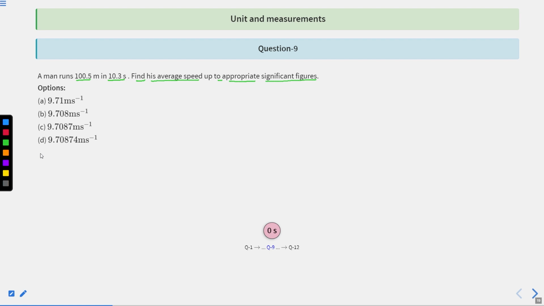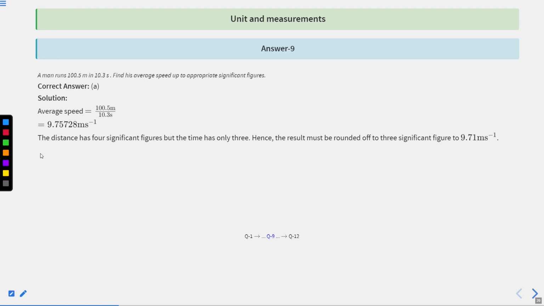Let's find the solution. Average speed is equal to total distance upon total time. Man runs 100.5 meter in 10.3 seconds. Then using this formula, total distance upon total time, we can calculate the average speed, which is 9.75728 meter per second.